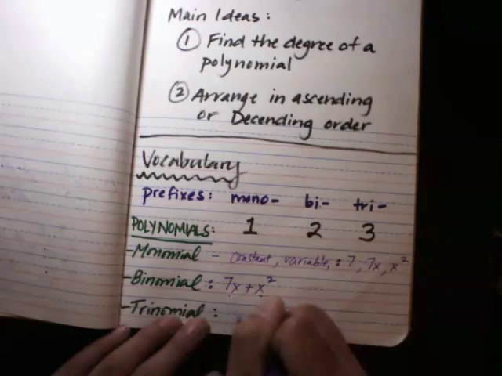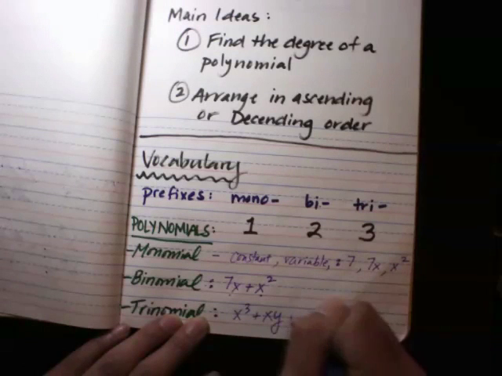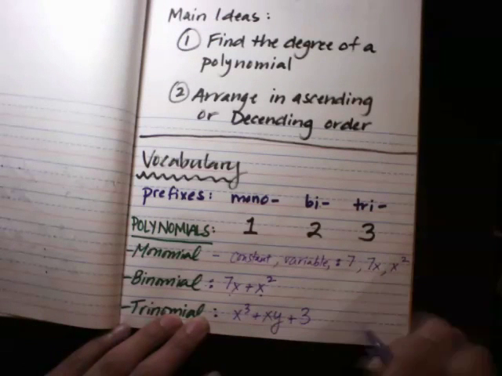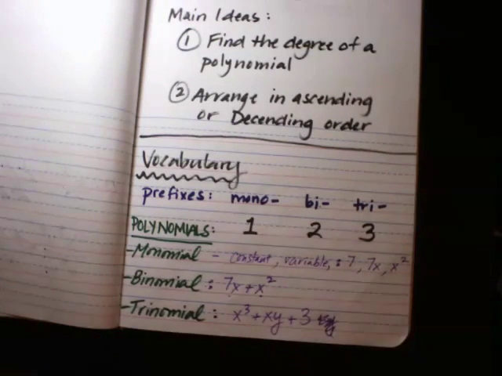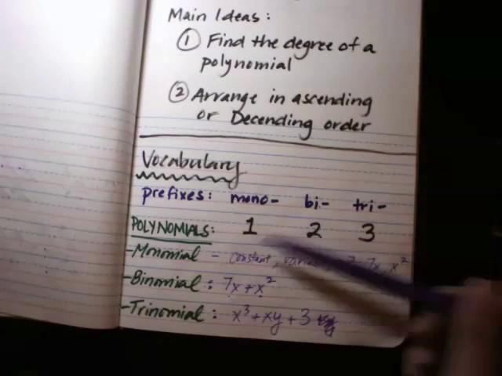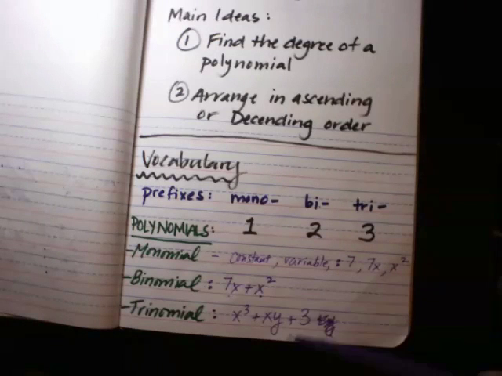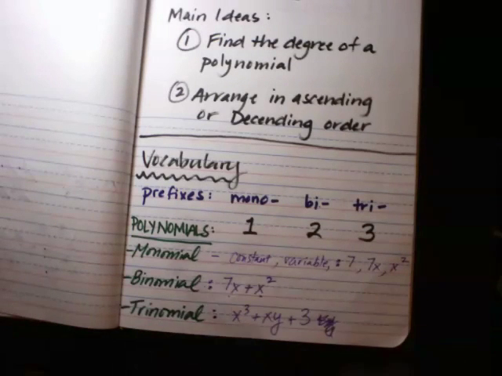So you can have maybe x to the third plus xy plus 3 plus y, whoops, 1, 2, and 3. So the polynomial family is inclusive of monomials, binomials, and trinomials. If you are a trinomial, you are also a polynomial. If you are a binomial, you are a polynomial. If you are a monomial, you are a polynomial.